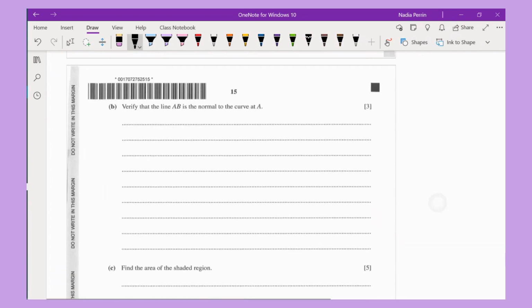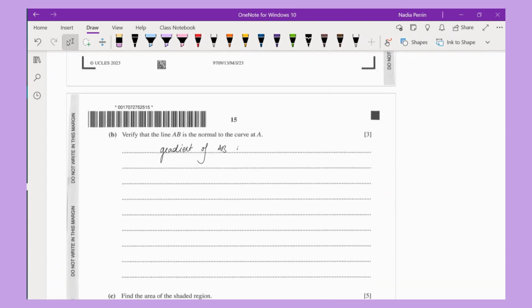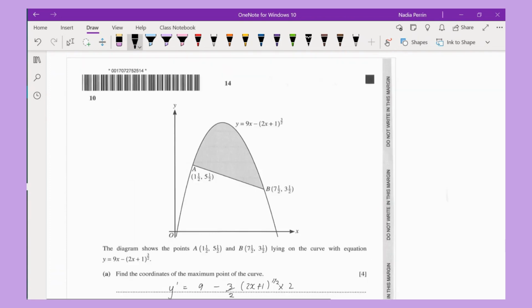Right, verify that the line AB is the normal to the curve at A. So to do that, we need to find the gradient of AB and compare it to the gradient of the curve. So the gradient of AB, I'm just going to put the points. So it's 1.5 and 5.5. No, I've got it wrong, haven't I?